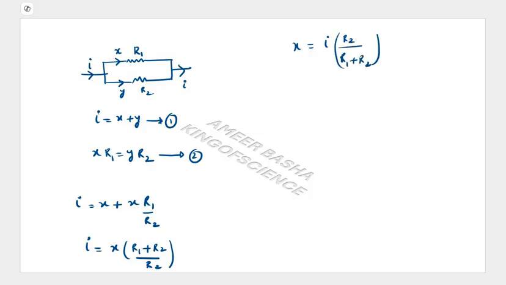Similarly, Y will be equal to I into R1 divided by R1 plus R2. So like this I got the answer for X and Y. When current I is coming here, it will split into two parts, X and Y, and directly I can calculate what X and Y are.